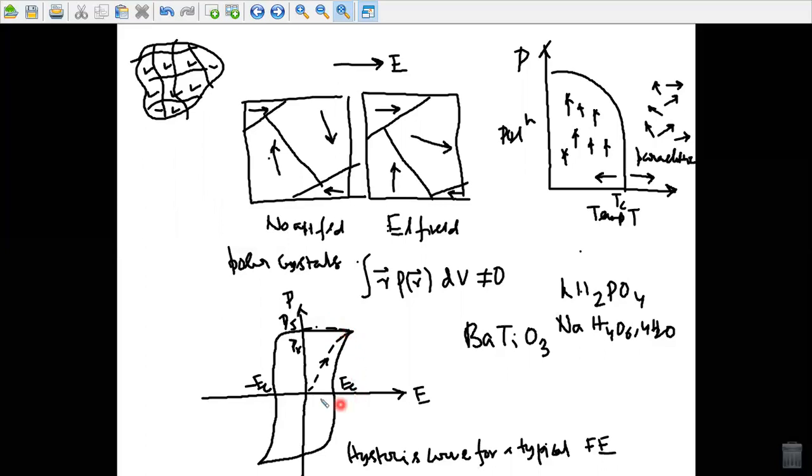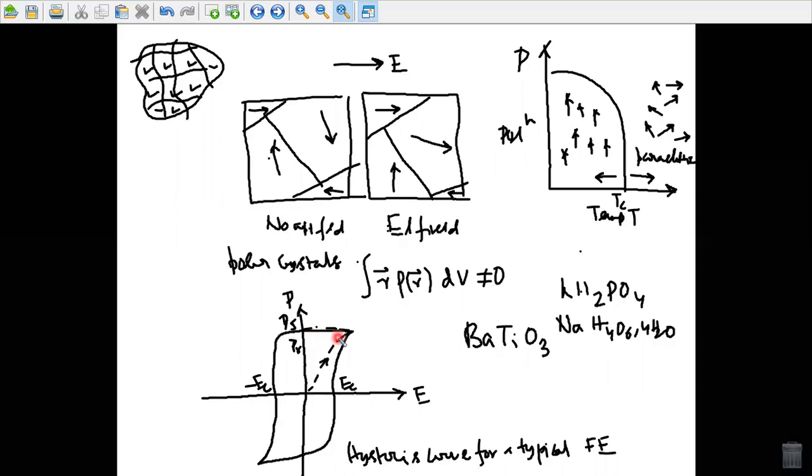As the field decreases in the reverse fashion, the polarization does not retrace. If it goes from zero like this, it takes another path apart from this path, but follows a new path as the dipoles tend to stick to their previous position.